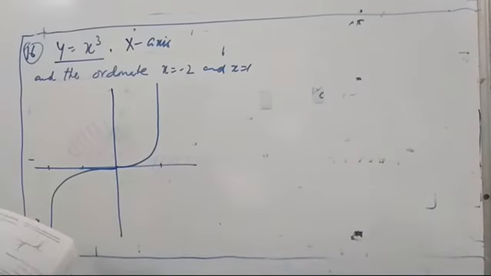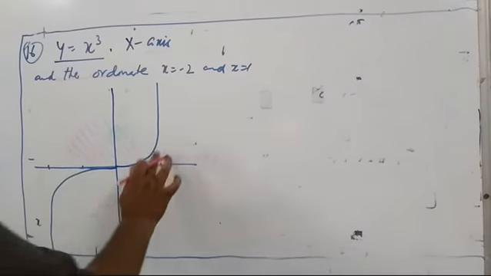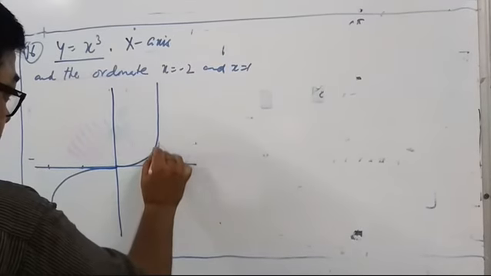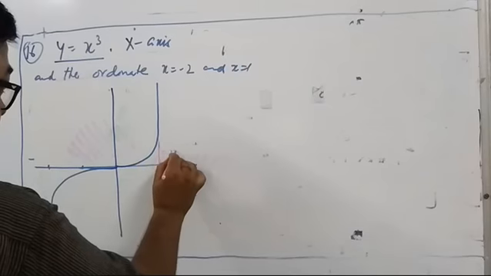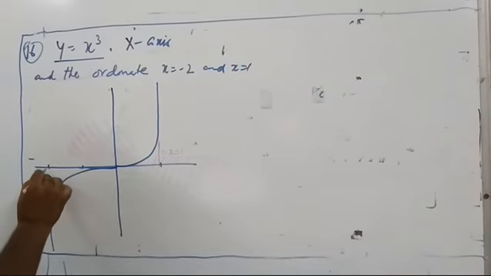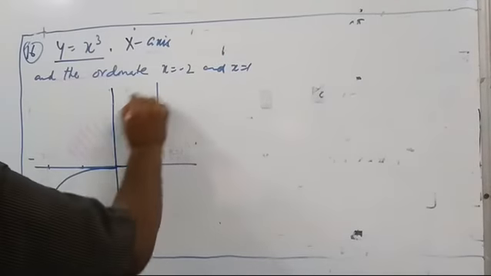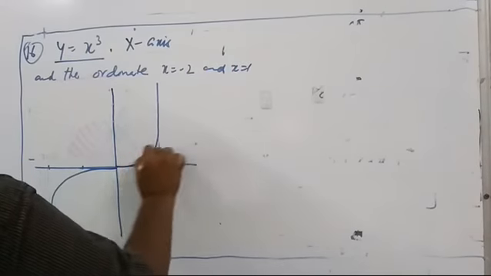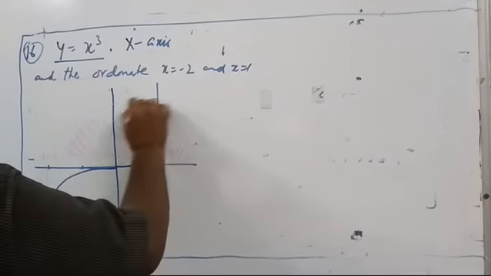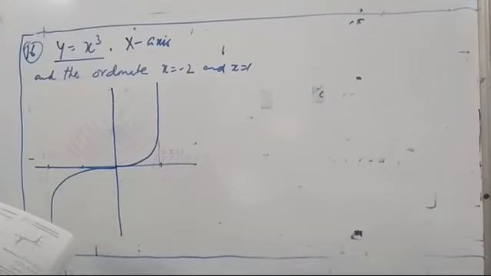So we have to find the area between x equal to 1 and x equal to minus 2, this portion and this portion.